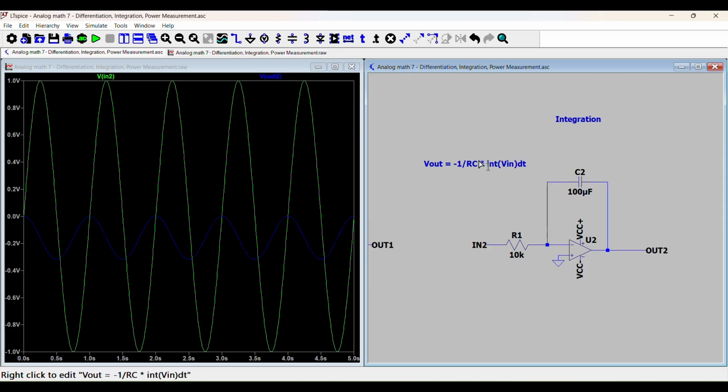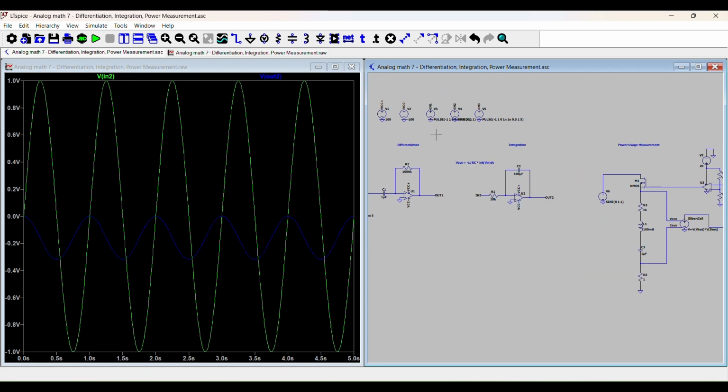So if we increase the period, we should actually see this cosine wave increasing in magnitude until the period reaches 2 pi, in which case the amplitude of the cosine becomes 1 volt. So let's try that.